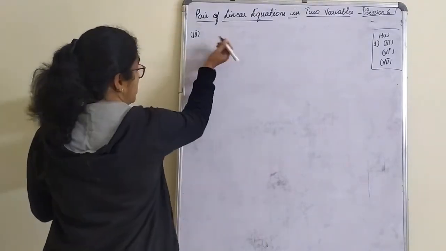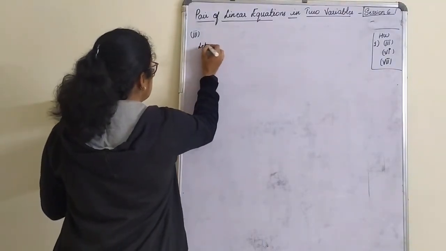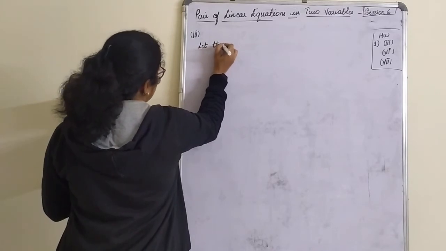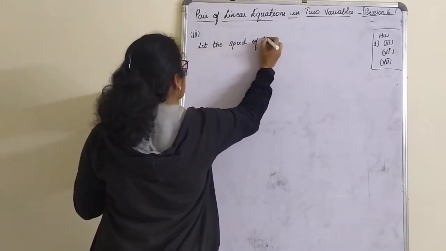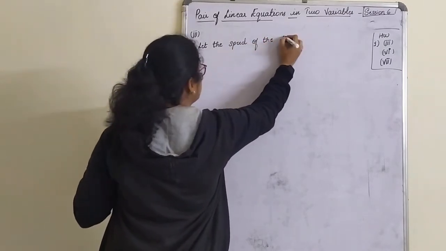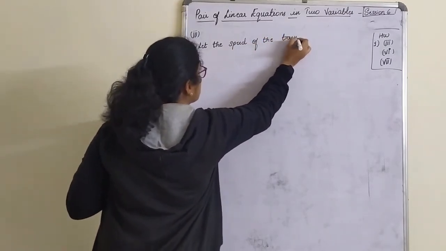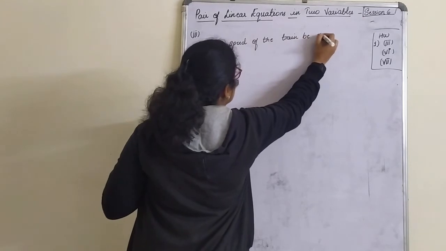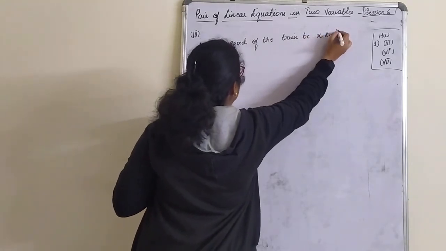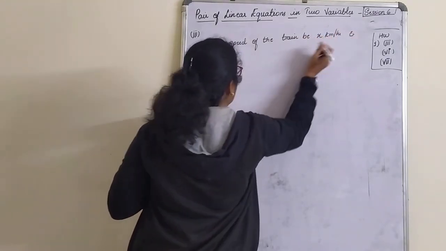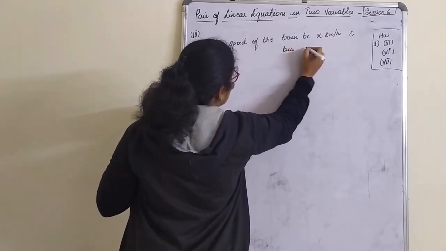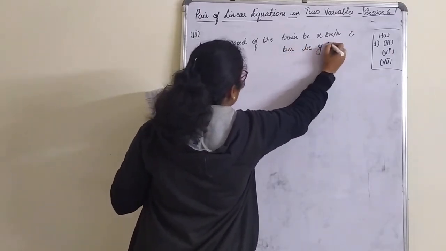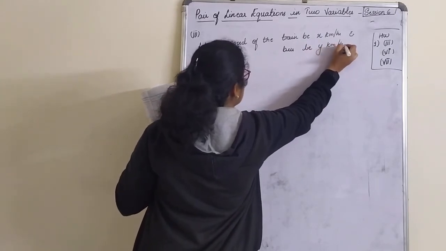So first, let the speed of the train be x kilometer per hour and speed of the bus be y kilometer per hour.